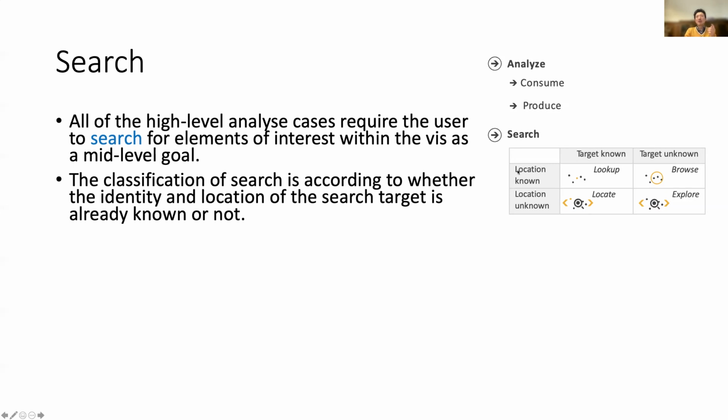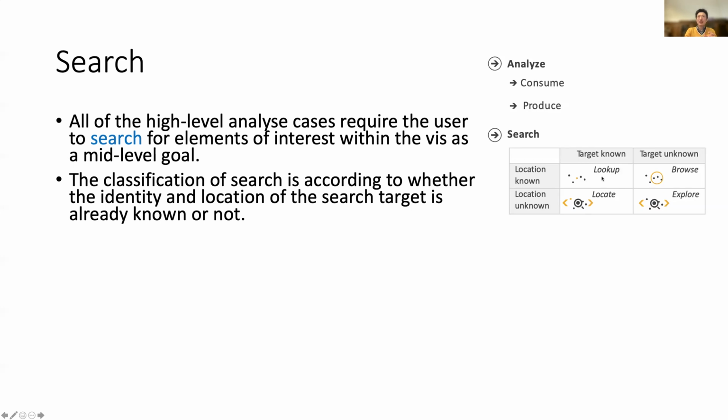If you know the location of the target, and you also know the target, it's called a lookup. And if you don't know the location, but you know what you're looking for, that's called locate.